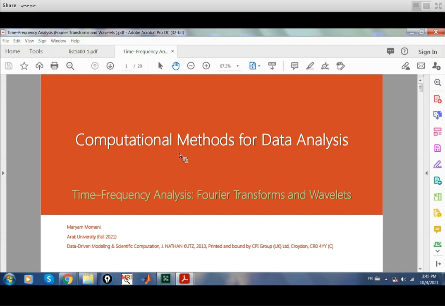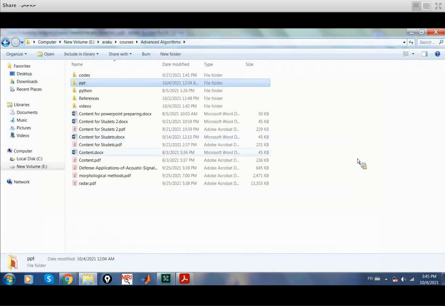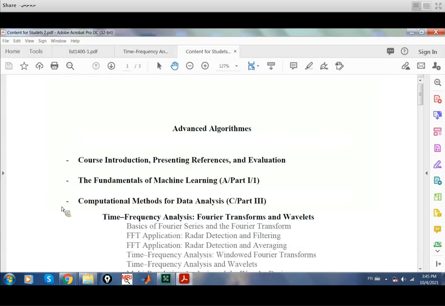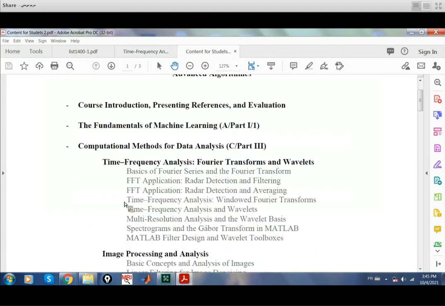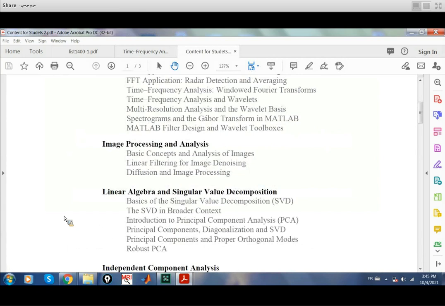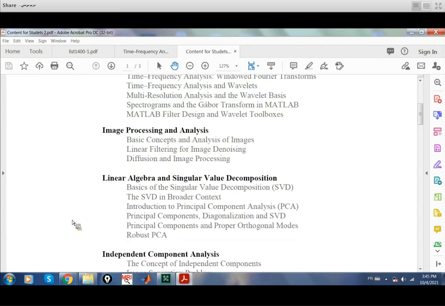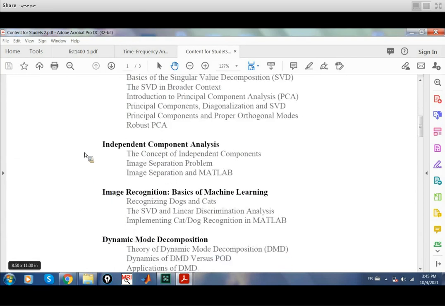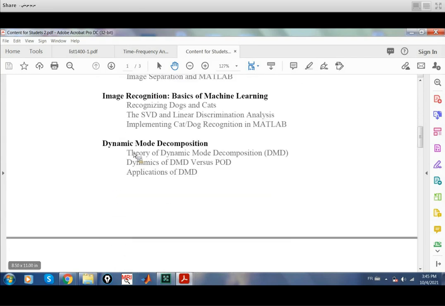And as you see here, our main topic is computational methods for data analysis. If you remember, in the first session we said something about it. We said time frequency analysis, image processing, linear algebra, singular value decomposition, ICA, and so on.